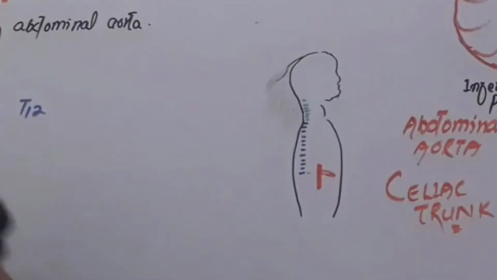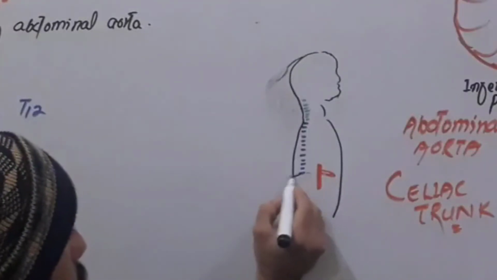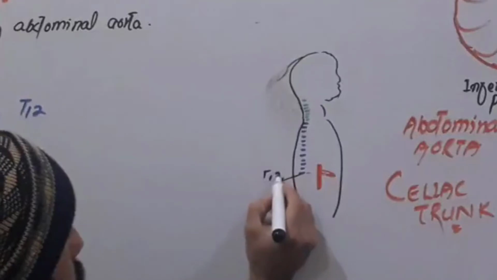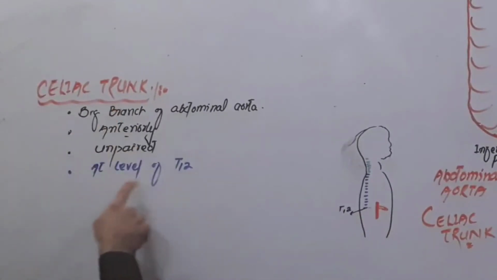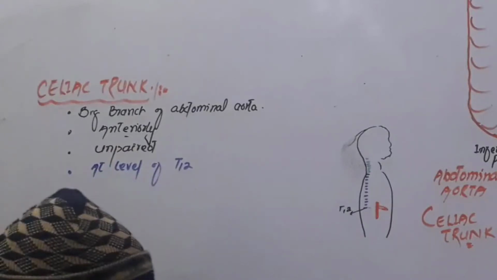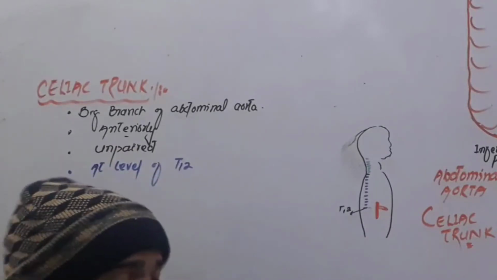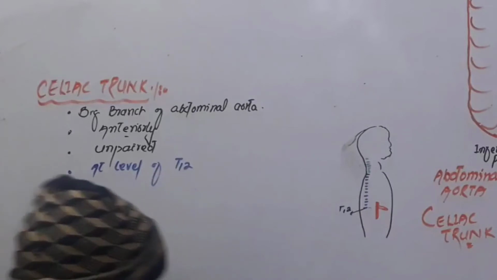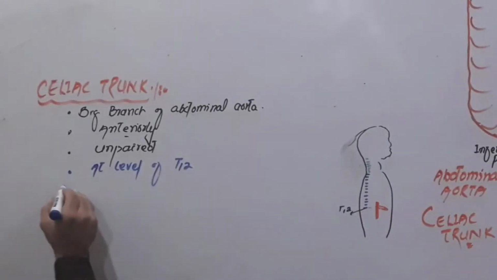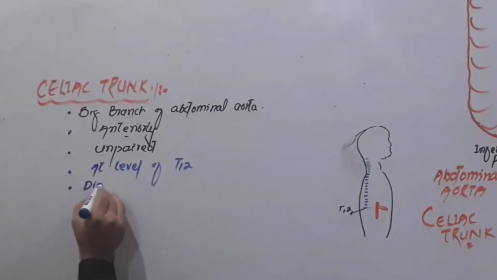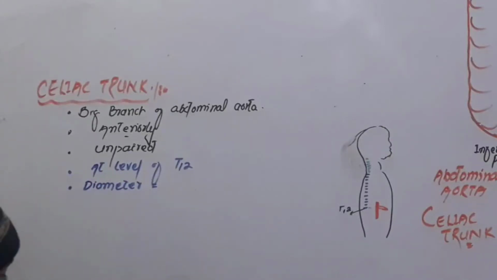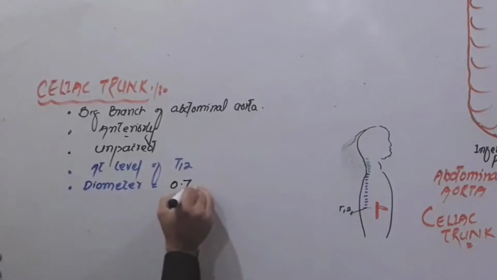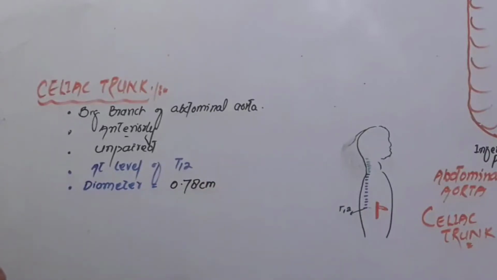This is called our celiac trunk. And this is our T12. So this celiac trunk arises at the level of T12 from the anterior aspect of the abdominal aorta. Clear? The diameter of this artery is about 0.78 centimeter, right?